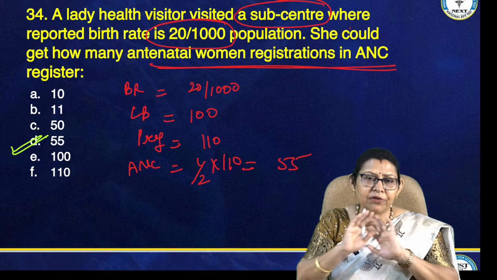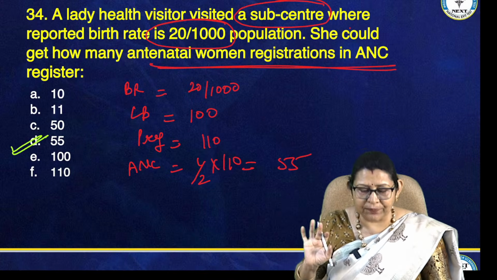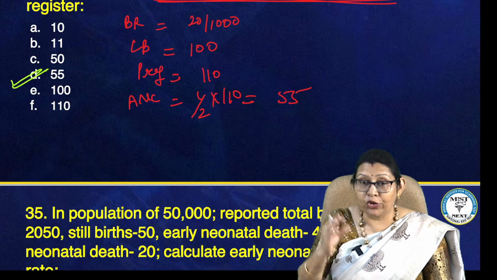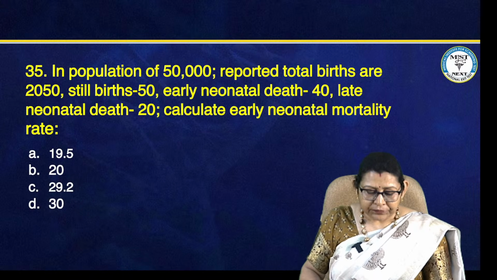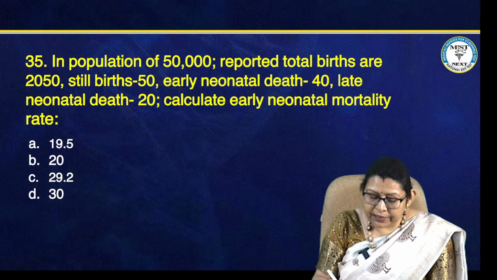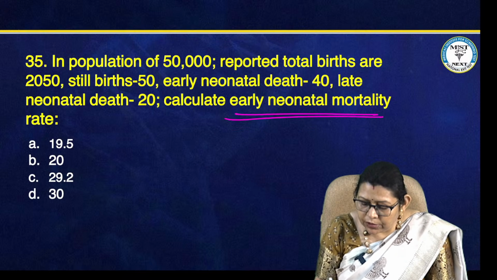You will not give a second thought कि भाई आपने गलत किया है या सही किया है. You will mark and move further. ठीक है. So putting the choices, अगर वो choice में नहीं है, then you will think भाई मेरी कुछ गलती हो गई है. Okay.